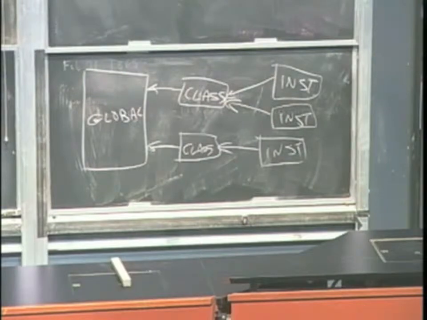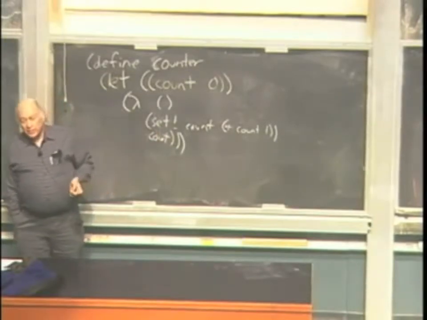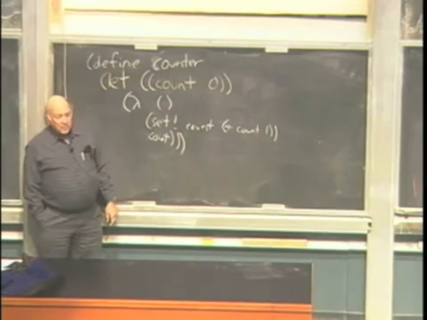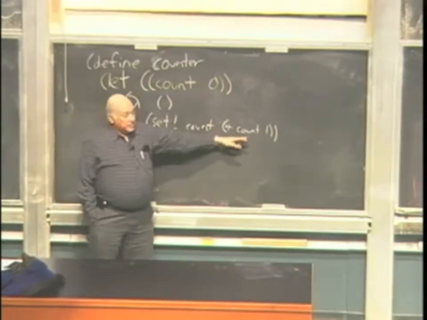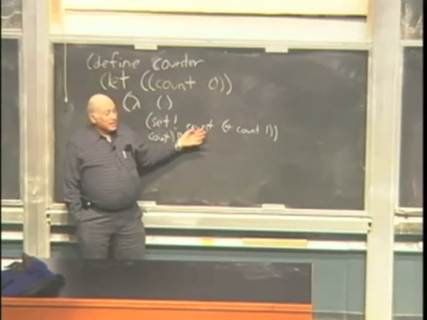So the starting point is to notice that the substitution model that you've learned up to this point is not going to work once you can do set!. Because if we take this 0 and substitute it in here, then the set! isn't actually going to do any good.